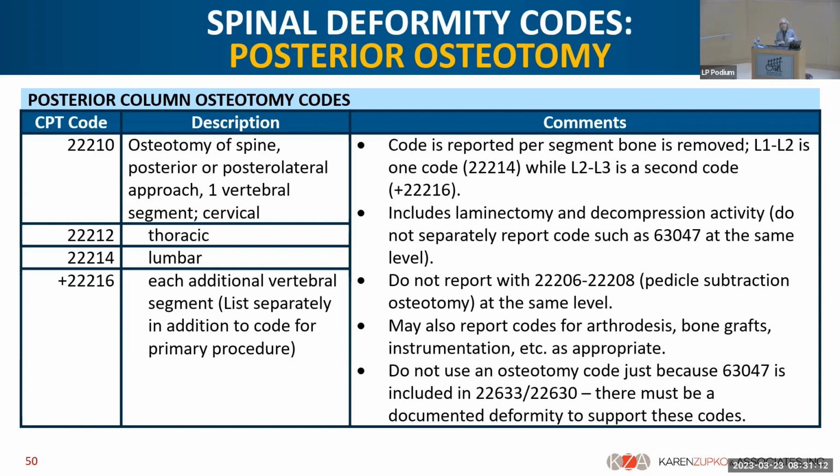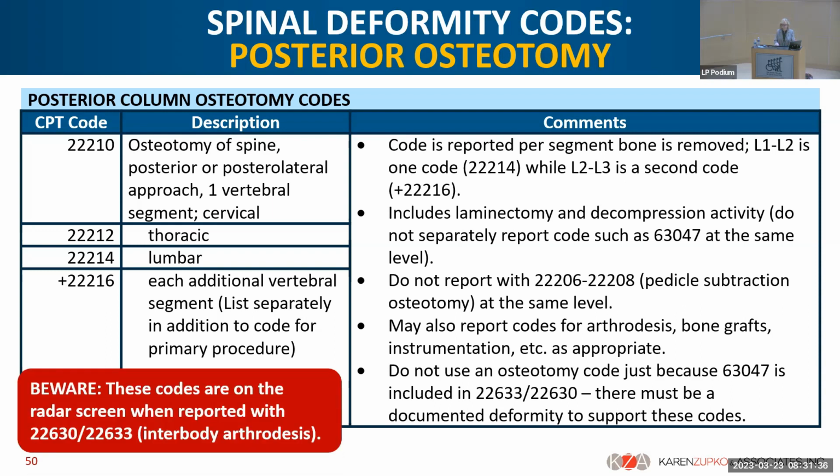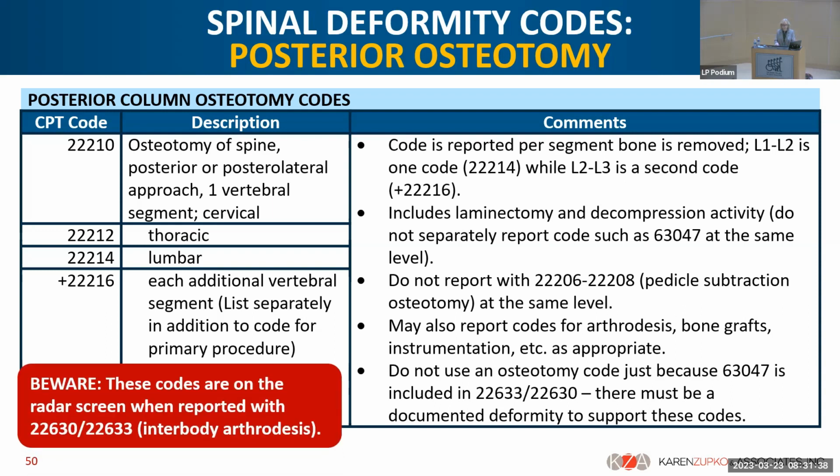And if you do a 3-level osteotomy for a 42-degree curve, you've got to describe the osteotomy at every interspace, what bone was removed, what you had to do to correct that deformity. You can't just say, I did a Ponte at 3 levels. That will not fly with the payers. You've got to describe the work you did, the wedge you took, what you did to correct that deformity, okay? And these, because payers are watching for these.